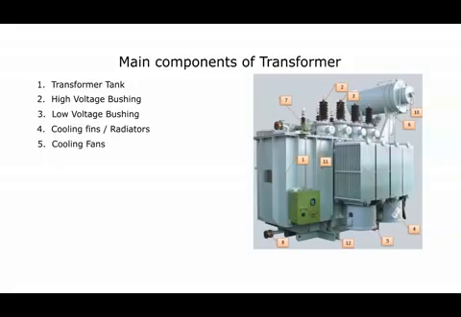Cooling fans can be either timer controlled or winding oil temperature controlled. Cooling fans raise the transformer capacity during times when its temperature rises due to loading. Conservator tank. It is an oil preservation system in which the oil in the main tank is isolated from the atmosphere.